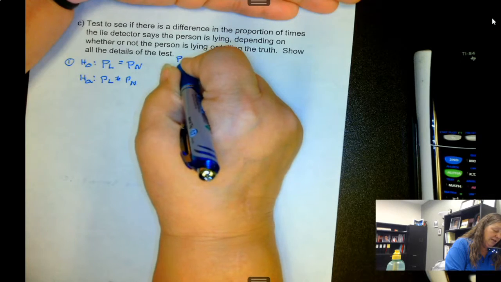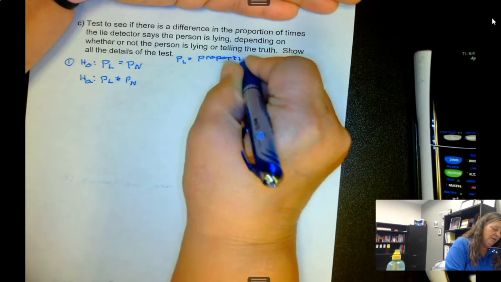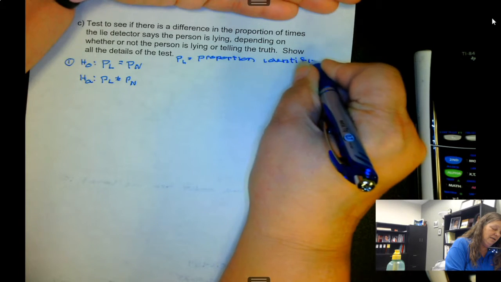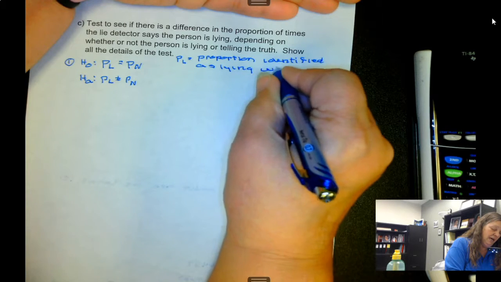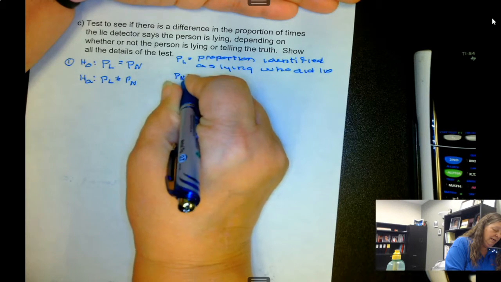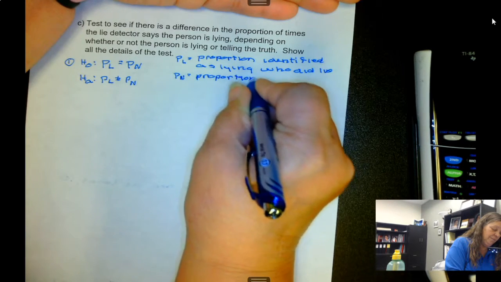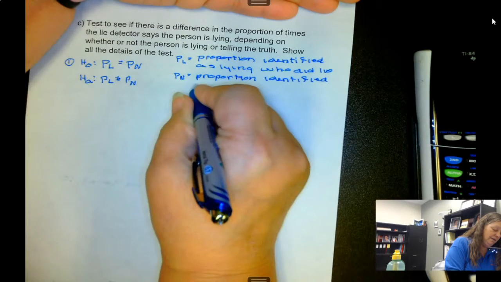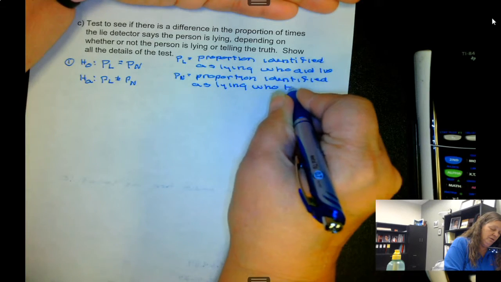So now we have to define the parameters. So P sub L is the proportion identified as lying who did lie, and P sub N is the proportion identified as lying who told the truth.